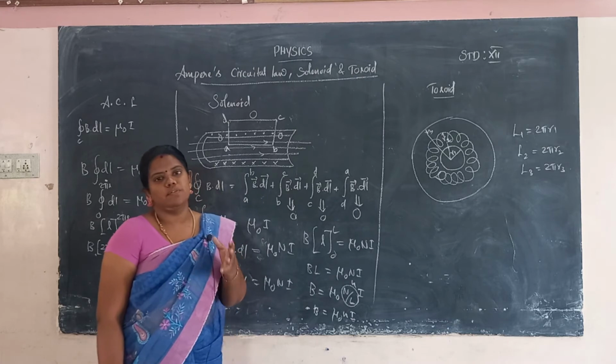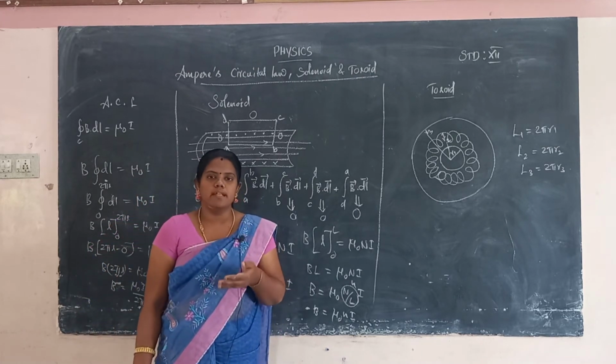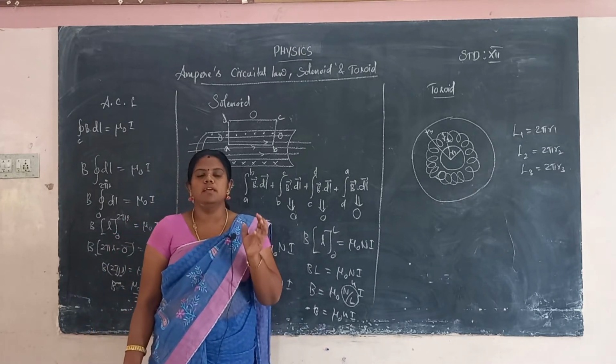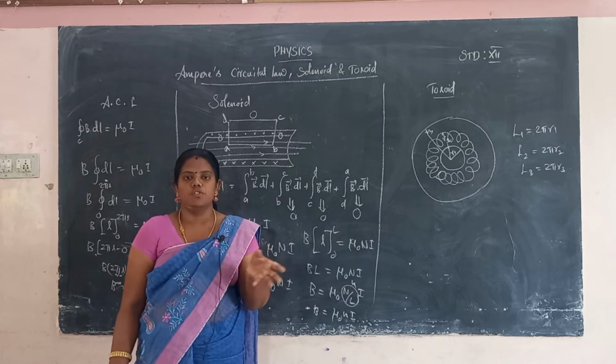What are the applications of a solenoid? A solenoid is used to make electromagnets, which definitely have an on and off switch.